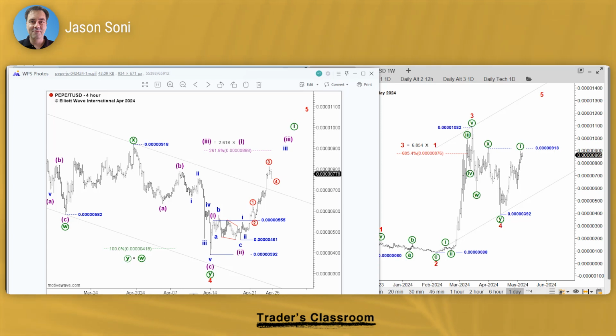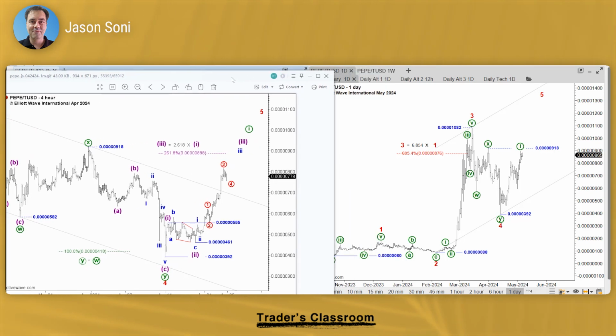So even though the actual triangle got negated, I still focused on the overall decline from the March high as a correction. Although it was deeper than I anticipated, I still kept my focus on the overall decline from the March high as a correction, and it didn't turn bearish.